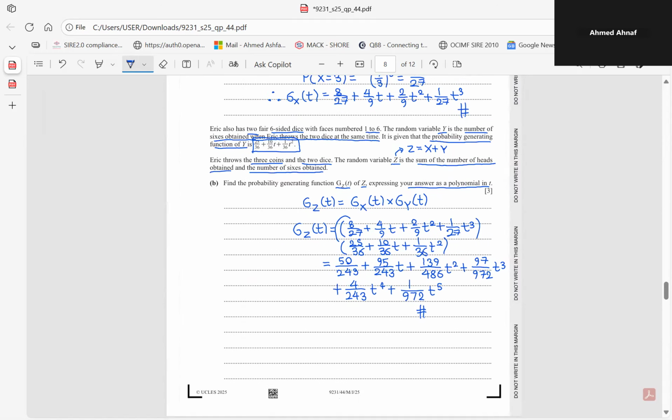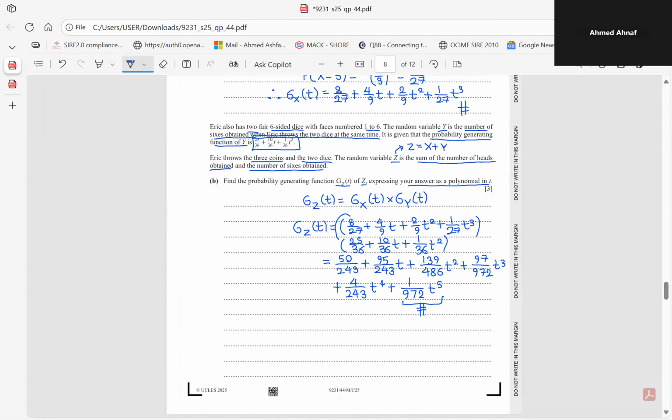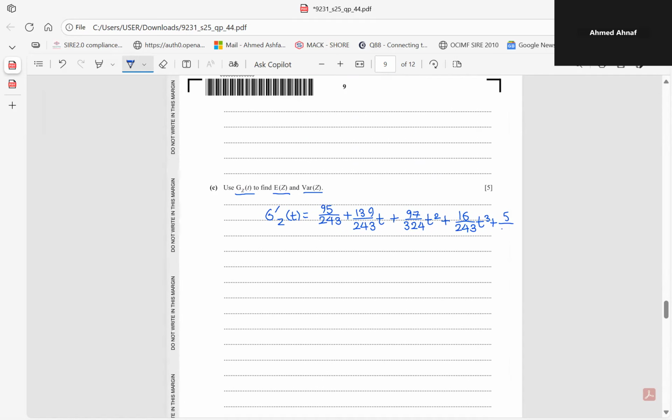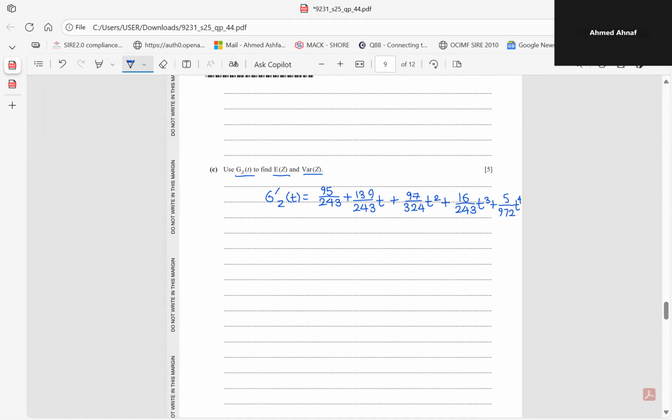Plus this one, t to the power 5, you multiply 5 times 1 over 972, we get 5 over 972 t to the power 4. Yeah, so this is our formula for G prime Z(t).